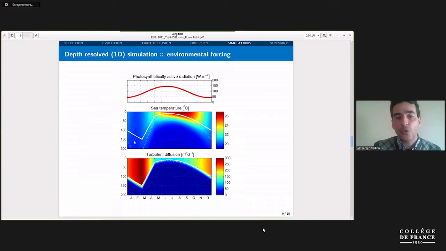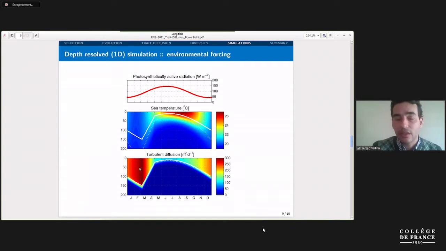Here is a little bit of what the environmental conditions are. It's a vertically resolved modeling exercise in which you have 1 year. So the x-axis is from January to December, a climatological year. The vertical axis is depth from 0 to 200 meters. You have a seasonal change in PAR, photosynthetic active radiation, a seasonal change in temperature, and a seasonal change in turbulence.